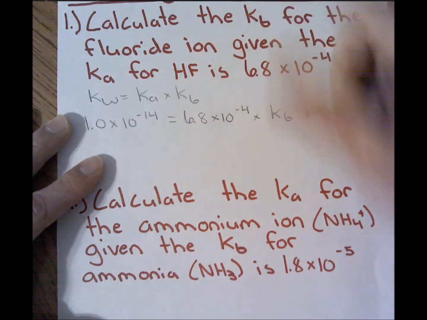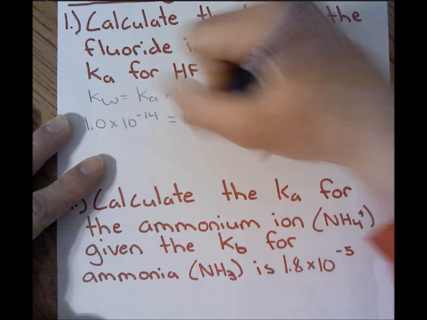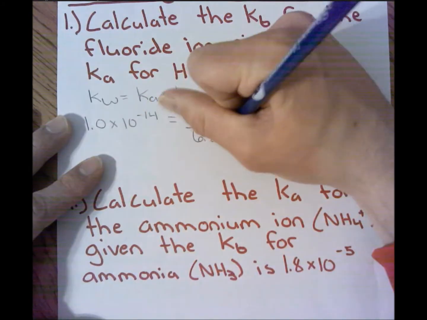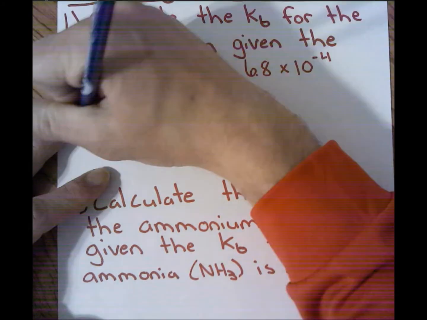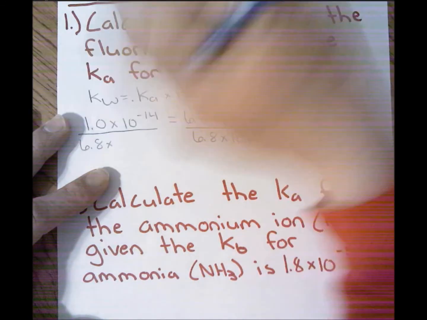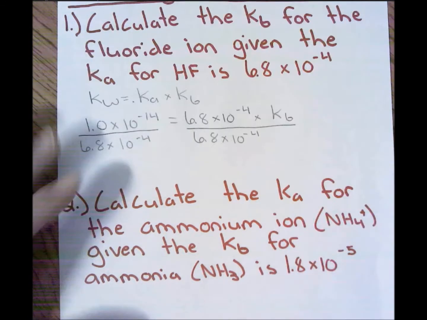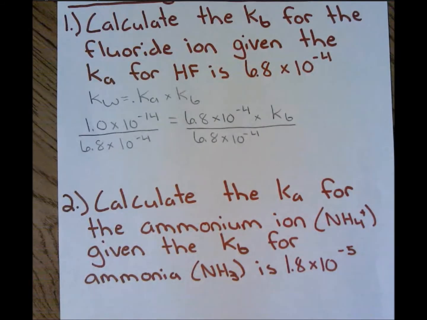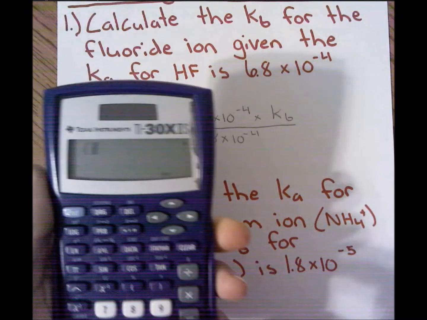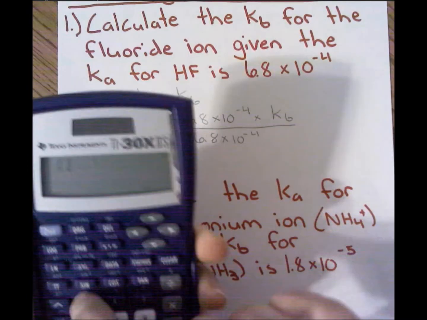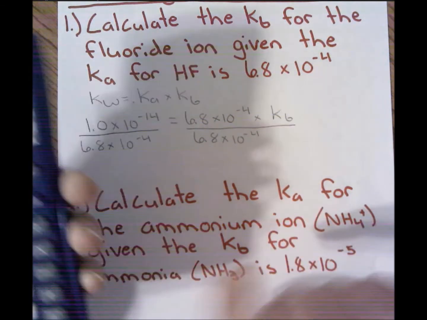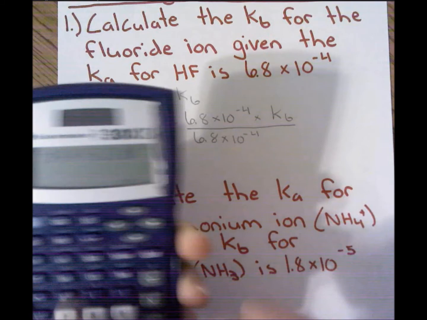To get Kb by itself, we divide 6.8 times 10 to the negative 4th on each side. In my calculator, I enter 1 times 10 to the negative 14th divided by 6.8 times 10 to the negative 4th.